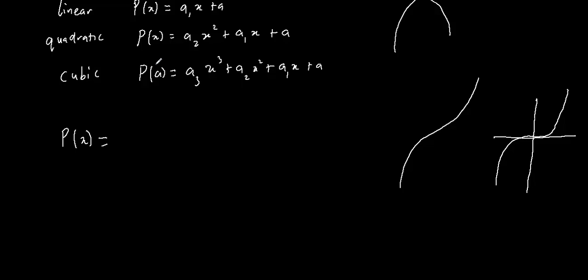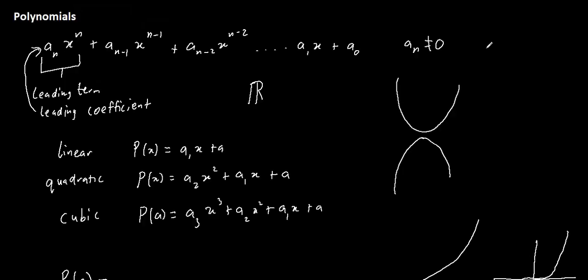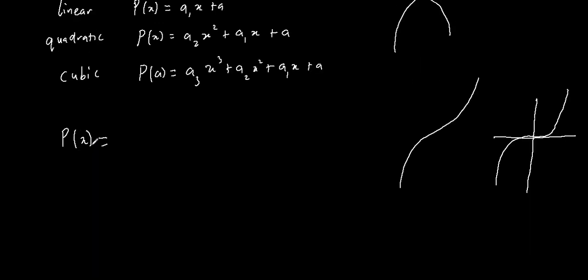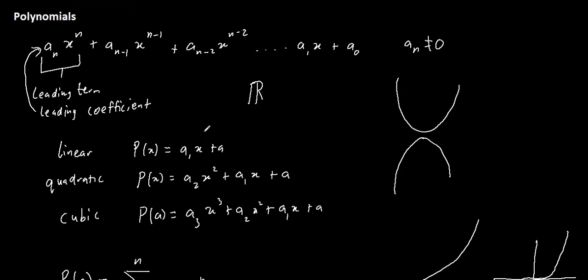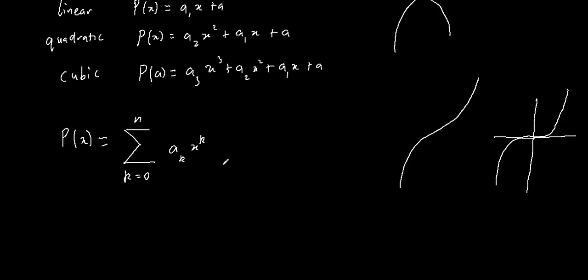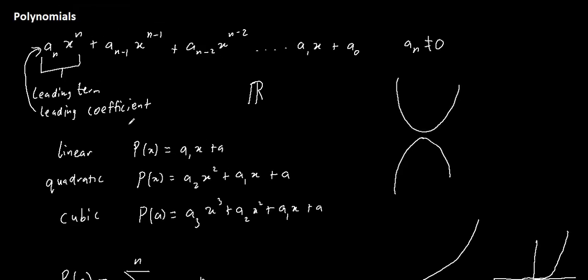Instead of using one extremely long expression, we can condense it into sigma notation, which is the sum from k equals 0 to n of ak x to the k. Basically this says the same information as the expression up here. See, there's a plus here, and so on.